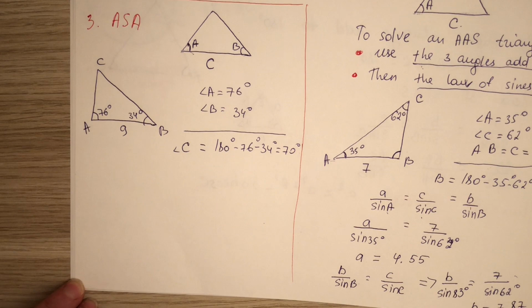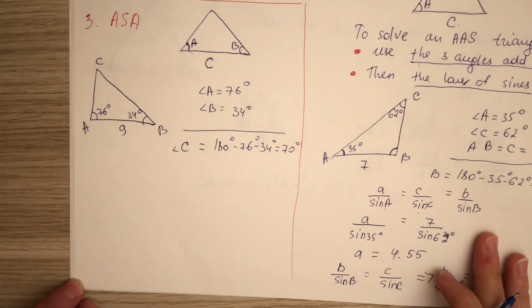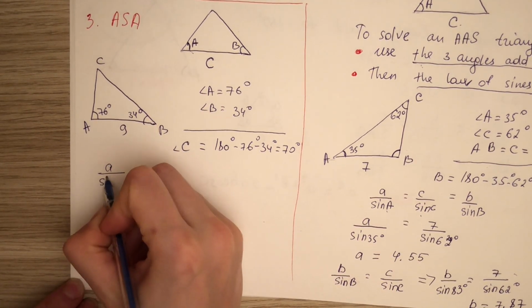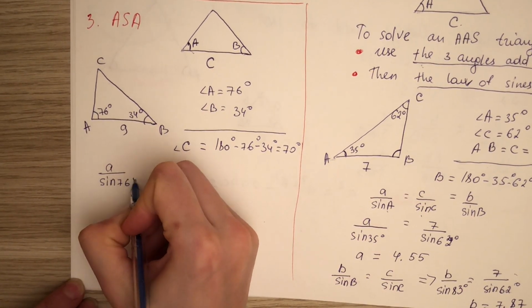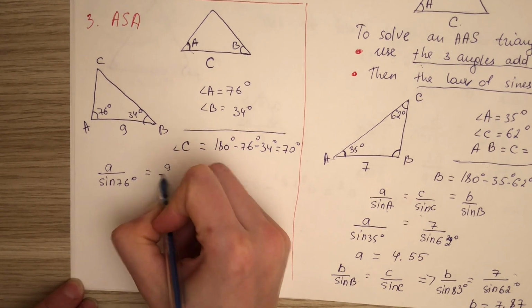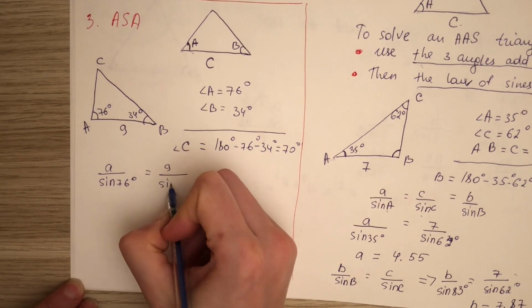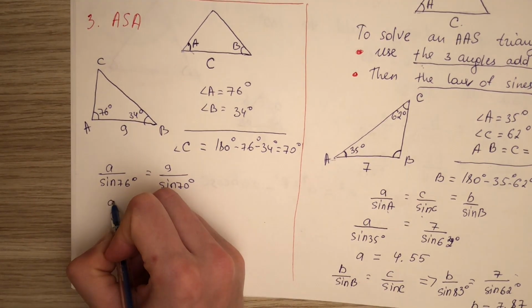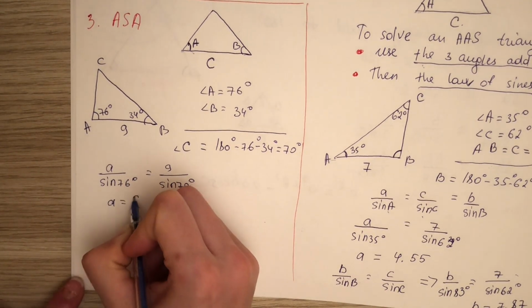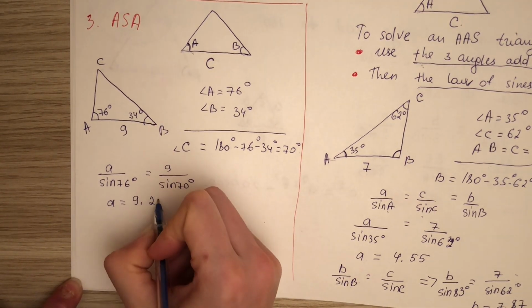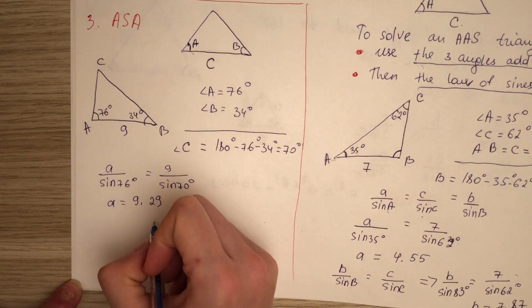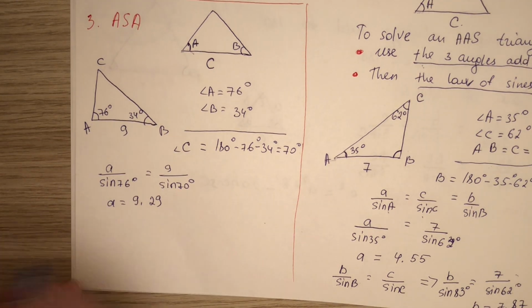Now we can find side A by using the law of sines. So A divided by sine 76 is equal to 9 divided by sine 70. Here we get A equal to 9.29, two decimal places.